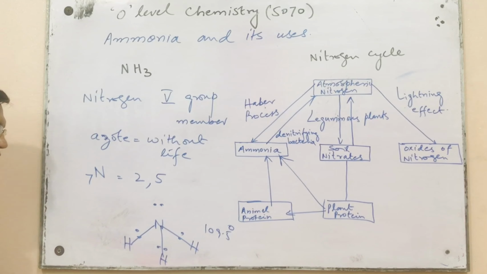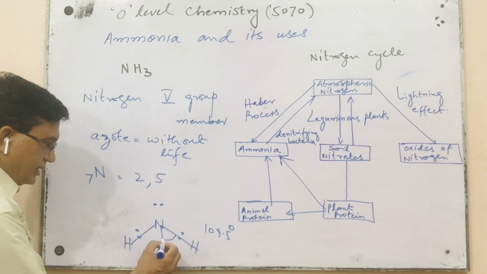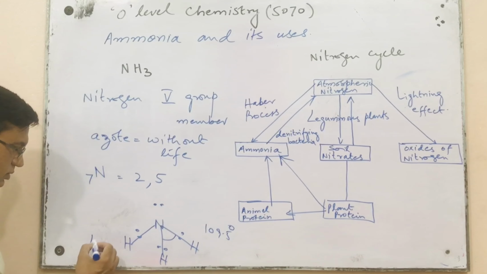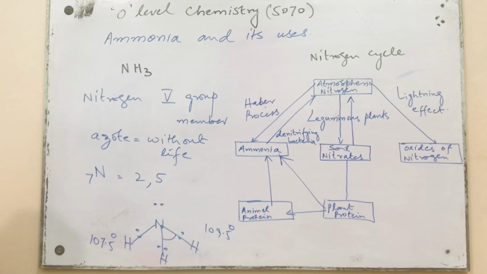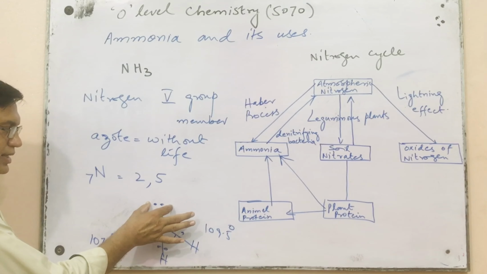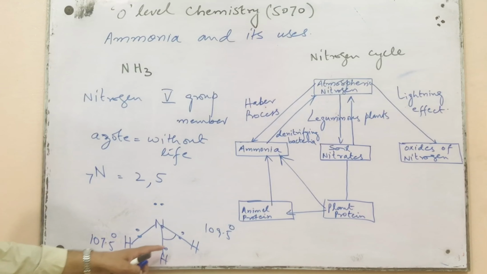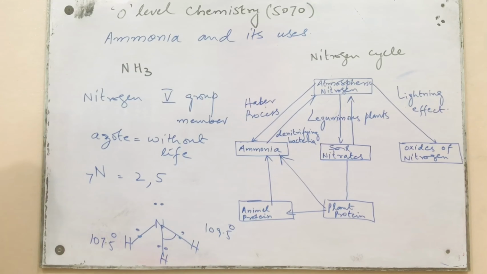But due to the presence of this lone pair, the bond angle decreases and it becomes 107.5. This lone pair changes the geometry of the ammonia molecule.